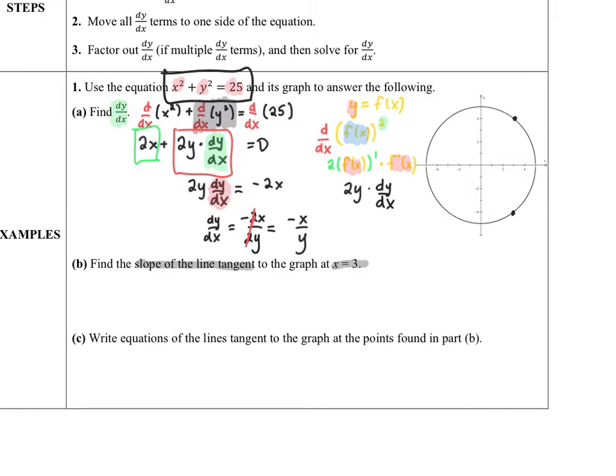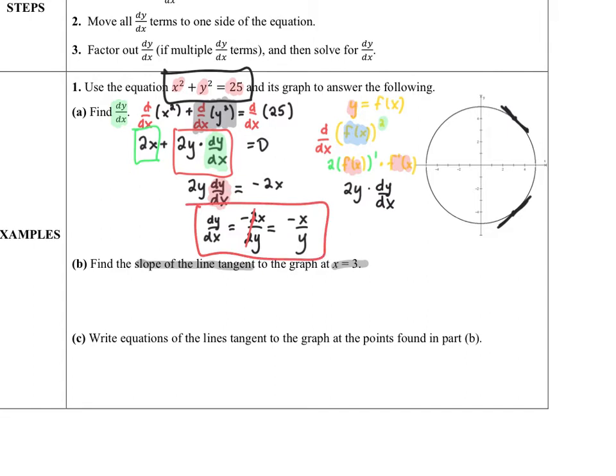And so I want to know what the slope of each of these tangent lines is at those points. So I'm looking for actually 2 answers, one at this value of 3 and then one at this one. And what I could tell about the slope up here is that it's negative and this one is positive. But using this equation that I found in part A is going to tell us exactly what those slopes are.